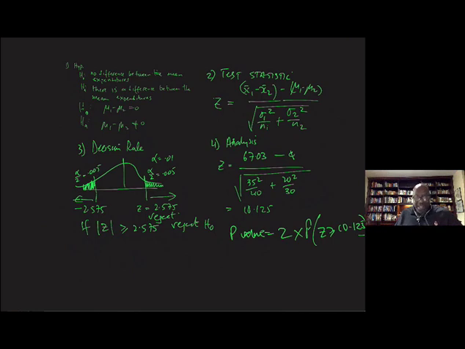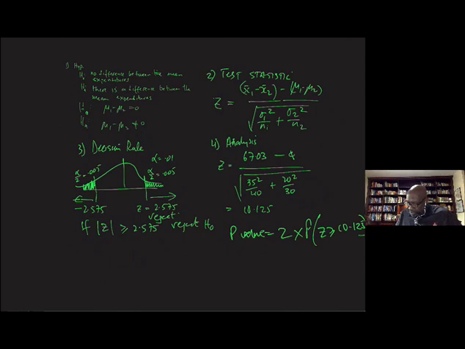In our table, we certainly do not have a 10.125. What we know is that at 3.09, the area left in the tail is 0.001.